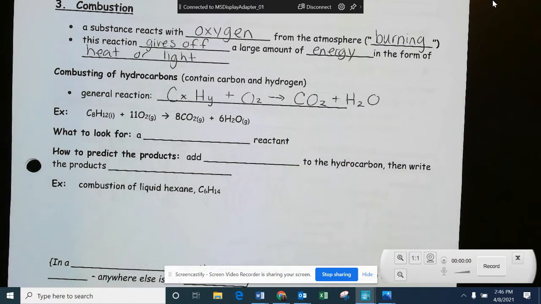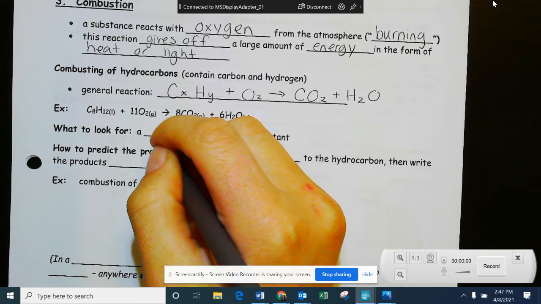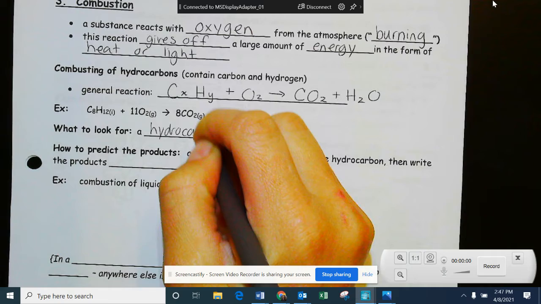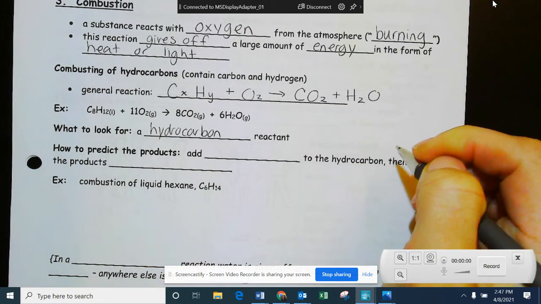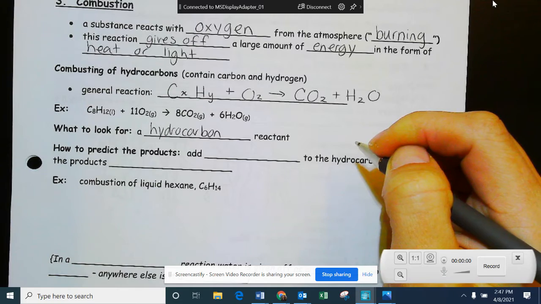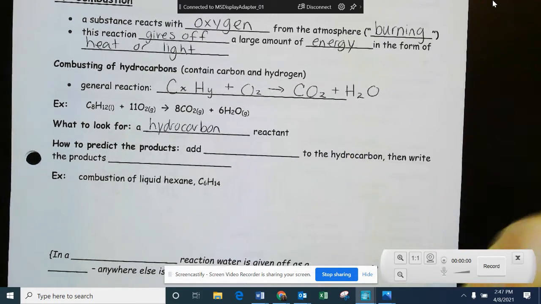So anytime we have a combustion reaction, we're seeing carbon dioxide and water as our products. So look for a hydrocarbon reactant, and CO2 and H2O as a product.